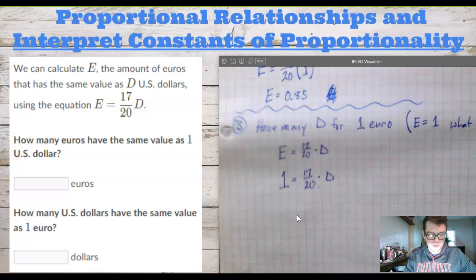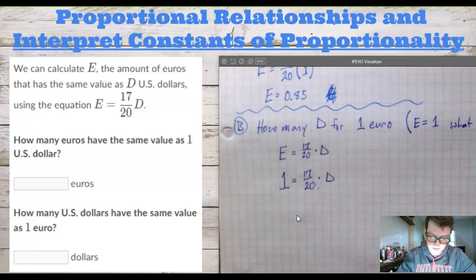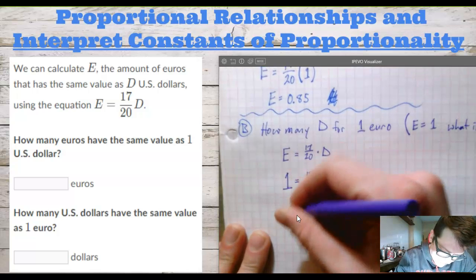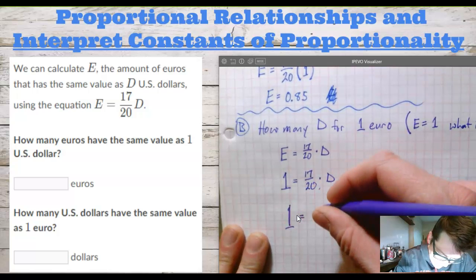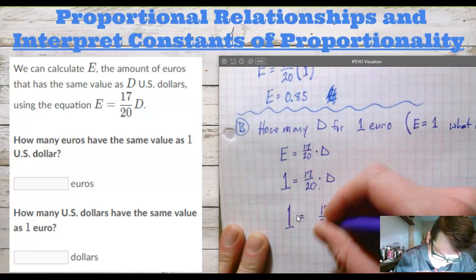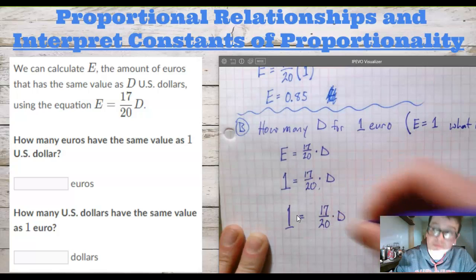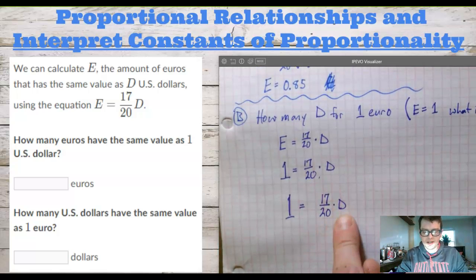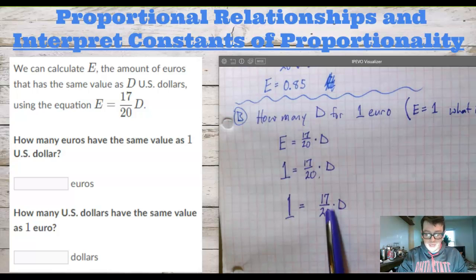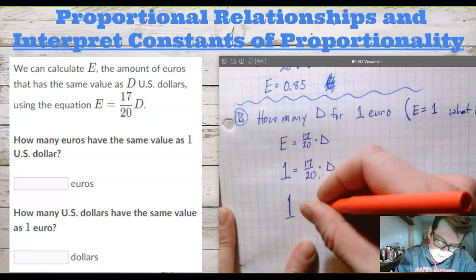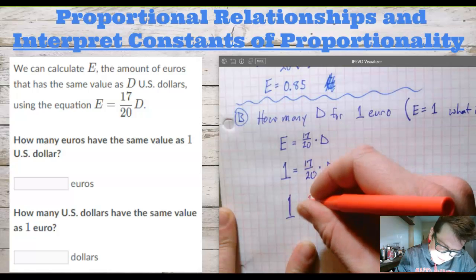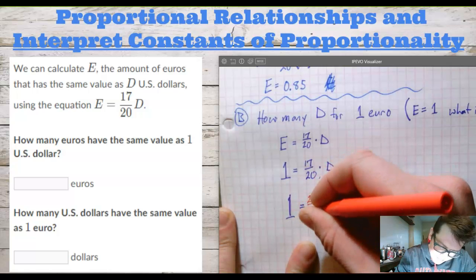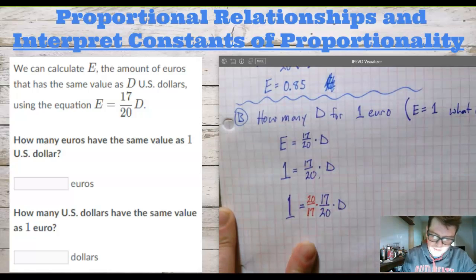I'm going to rewrite this with a little bit of space to do my work. So guys, what we have is 17/20 times d. To make this into a giant 1, we multiply with the reciprocal.